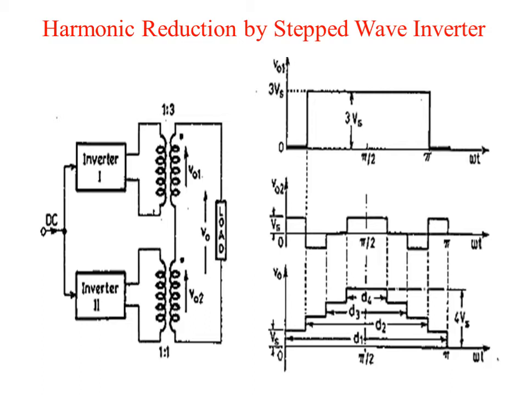The Fourier analysis of figure B part C will give harmonics whose amplitudes depend upon the values of D1, D2, D3 and D4 and the amplitude of V0.